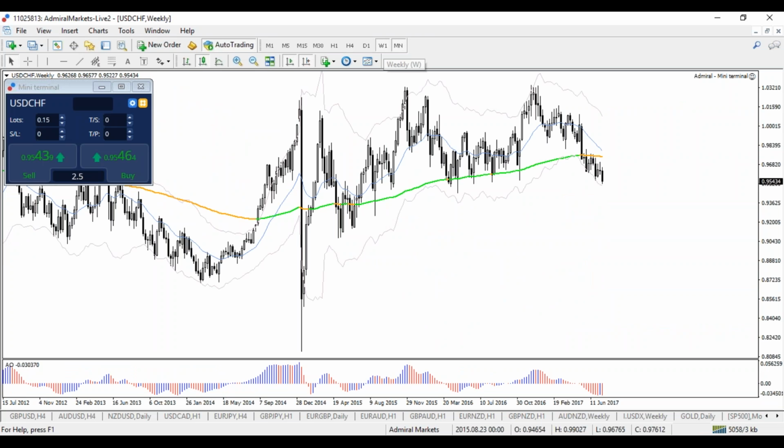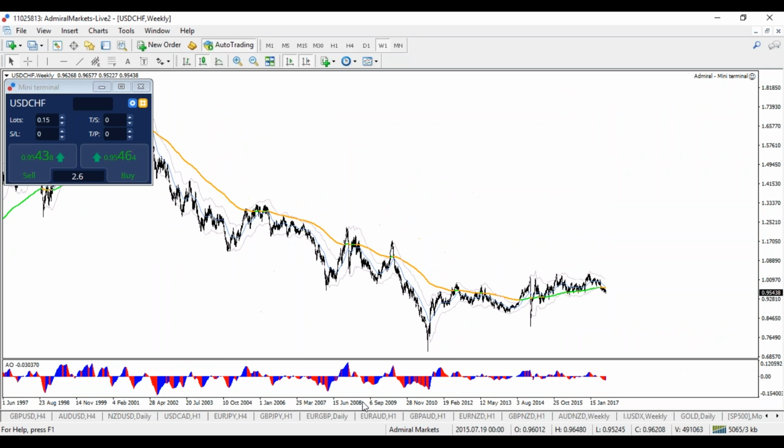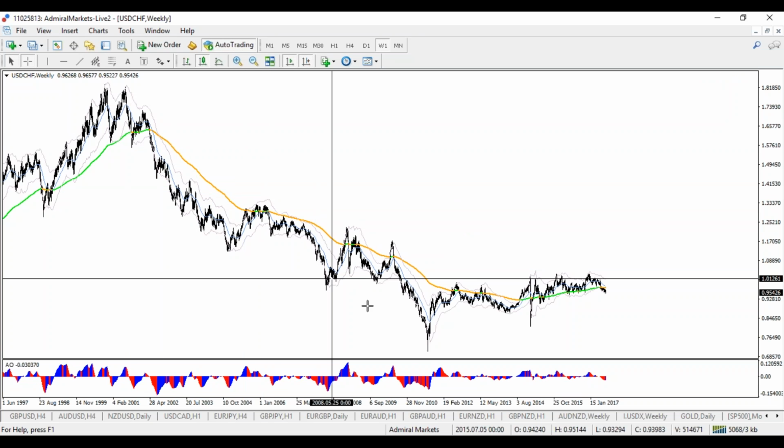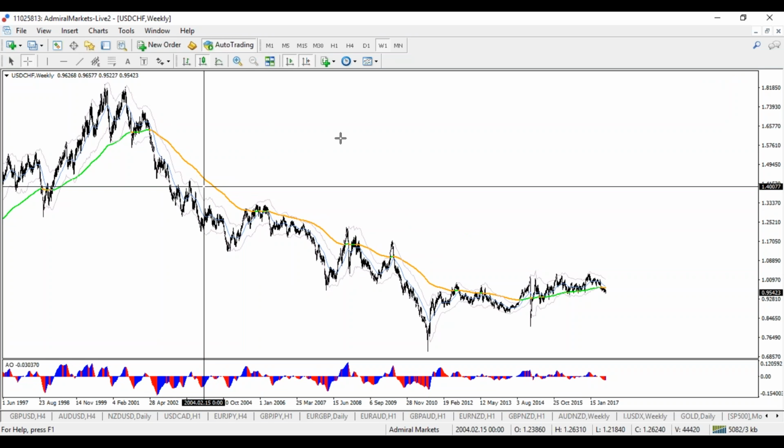All right, so long time ago, good old dollar Swissy was great for the downtrend here. Anyone trading in the previous decade, basically, knows about this trend. That was great. But the dollar Swissy has not been that interesting ever since.